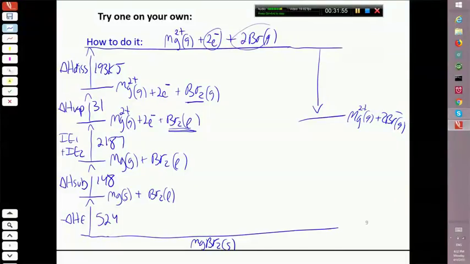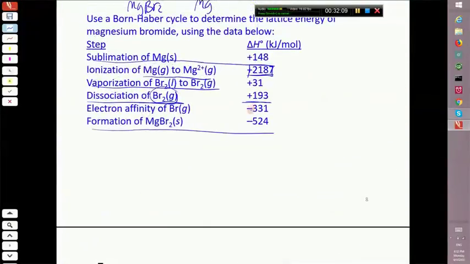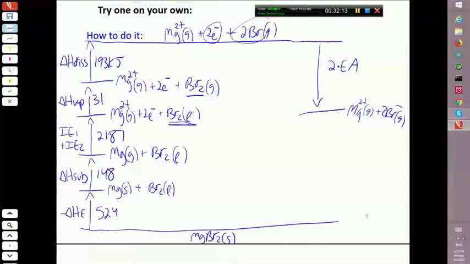This step, we have 2 bromines each gaining 1 electron, so that's going to be 2 times the electron affinity. Electron affinity is the energy required for 1 bromine atom to gain an electron. This time we're doing it twice, so we have to double that number. The electron affinity for bromine is this number here, minus 331, and so we have to double that in this step. So 2 times that, or minus 662 when we have 2 moles of bromine gaining 2 electrons to form 2 Br-.